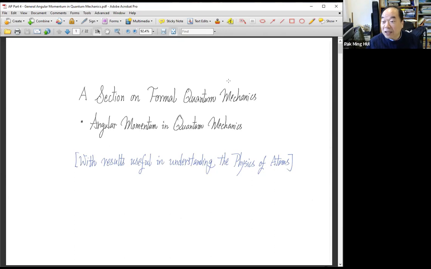When you have 10 electrons in your atom, there will be 10 different orbital angular momenta, and then you have to add them up. So you have a total orbital angular momentum, etc. So what we are going to discuss here should work for anything that will be called angular momentum in quantum mechanics. So it is a very general discussion.